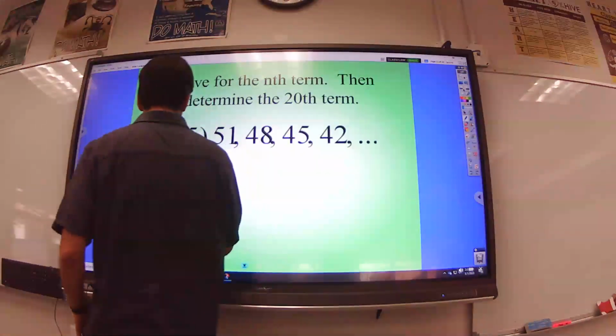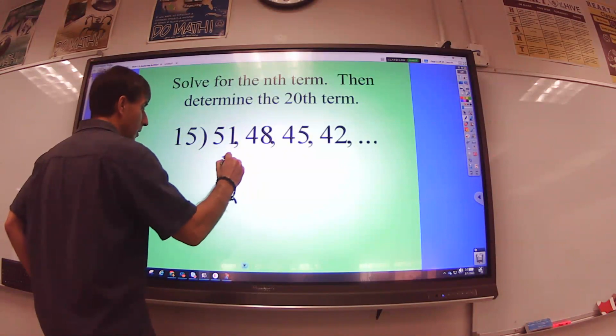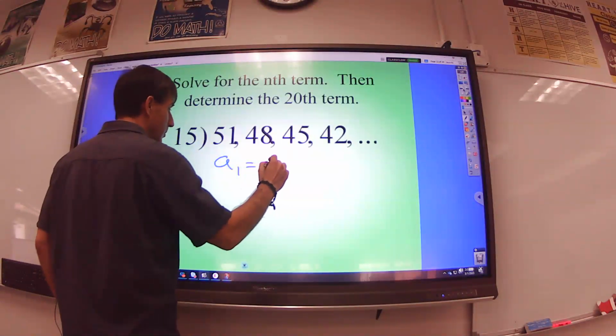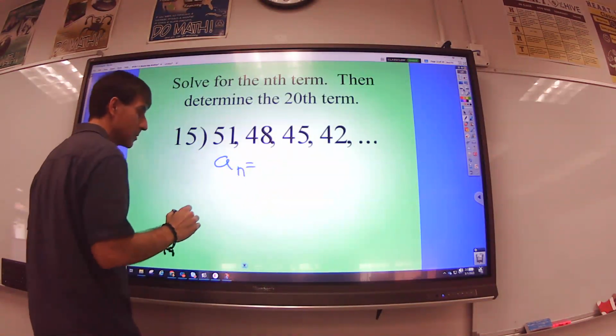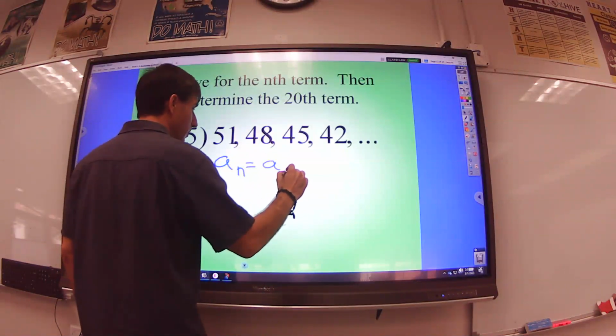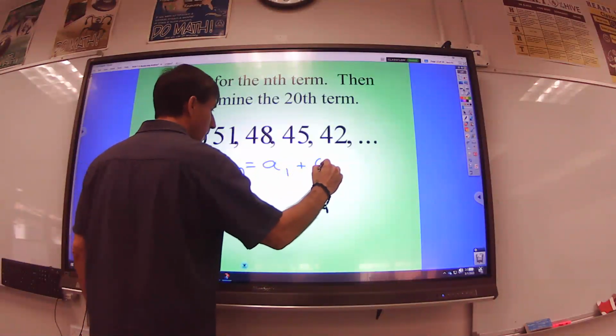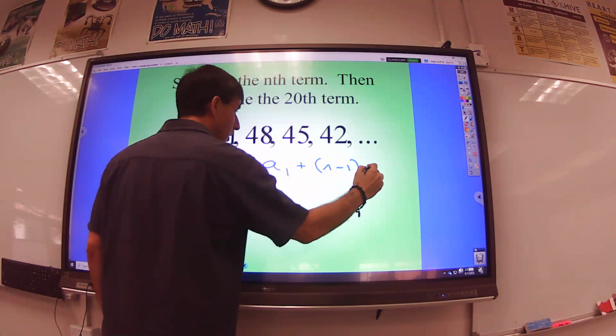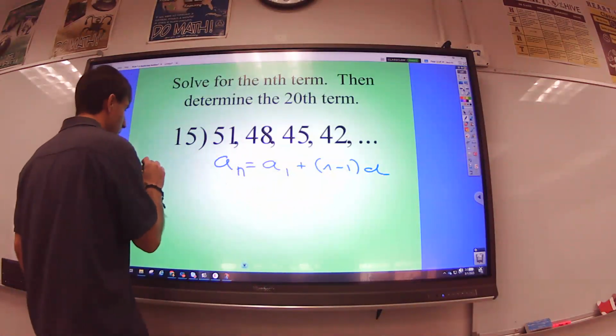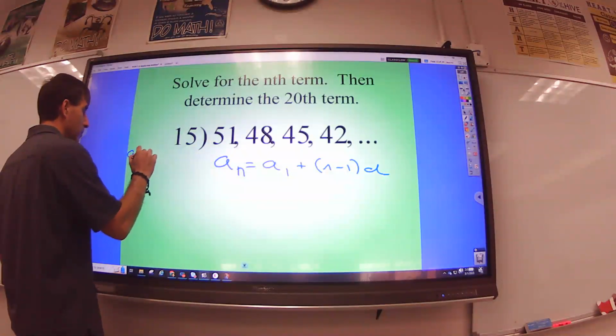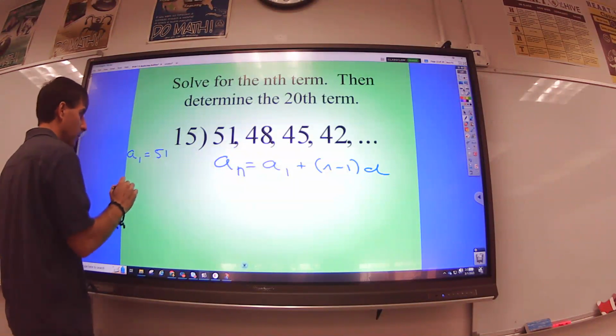So let's first write the equation down. A sub n equals A sub 1 plus n minus 1 times d. Melanie said the first term is 51, right?